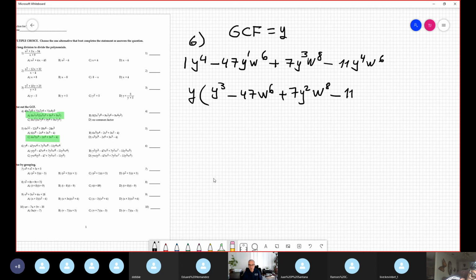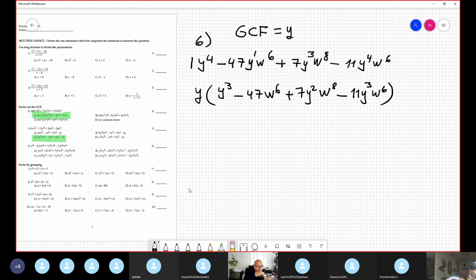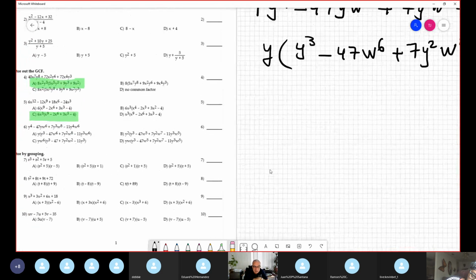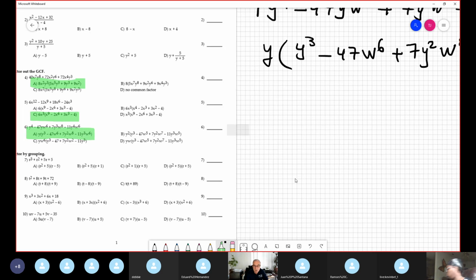Minus 11 y cubed w to the 6th. I suppose we cannot do any more. So the correct answer is A, because you factor out only 1 y, the greatest common factor. Any question?